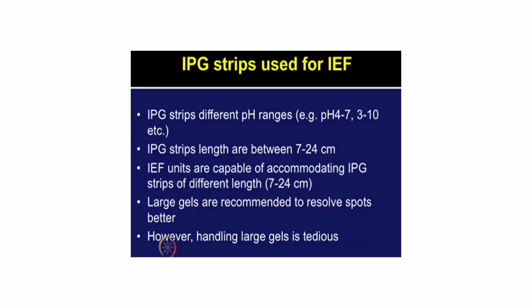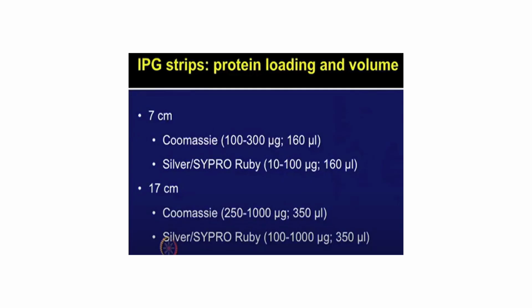If not, you can use smaller size IPG strips as well. So it changes depending upon your need, and accordingly, you will need a larger SDS-PAGE also if you are using a 24 centimeter IPG strip. And larger ones generally become much more tedious. So you need to balance it basically.